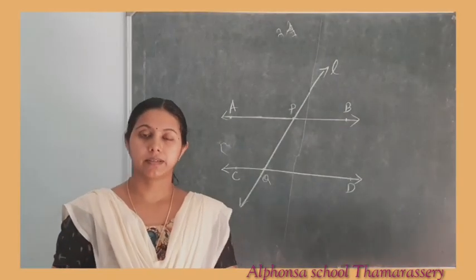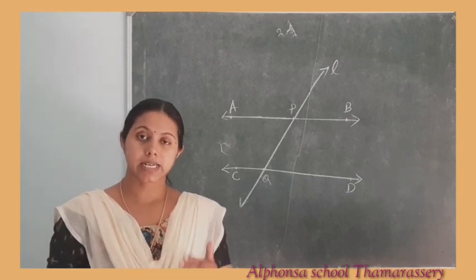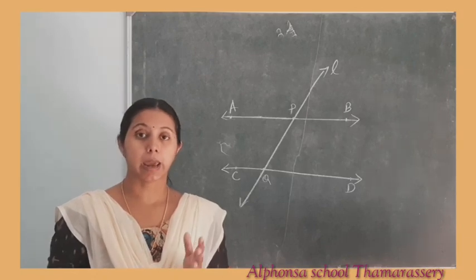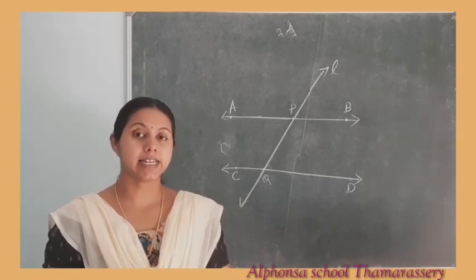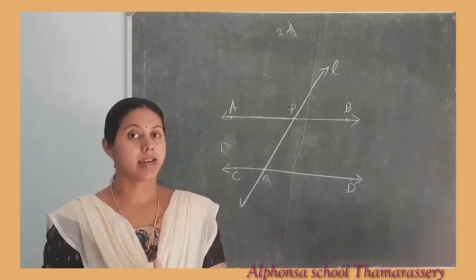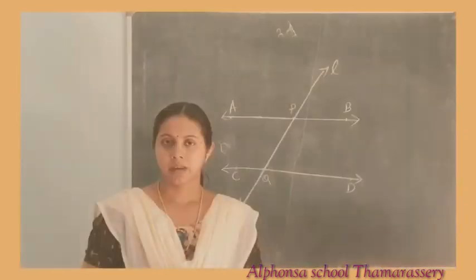We know that if a transversal cuts two lines such that a pair of alternate interior angles is equal, then the two lines are parallel. That we studied in the earlier classes.